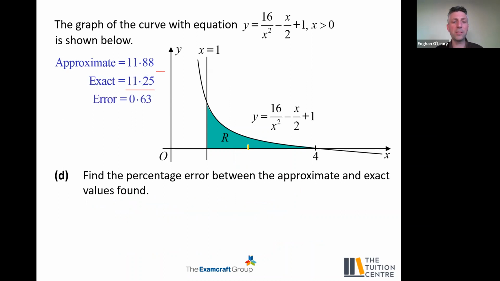The error is the difference between the two. That's 0.63. Percentage error is error over actual multiplied by 100 over 1, 0.63 over 11.25 multiplied by 100, and that will give me 5.6% as my percentage error. And that was 5 marks.